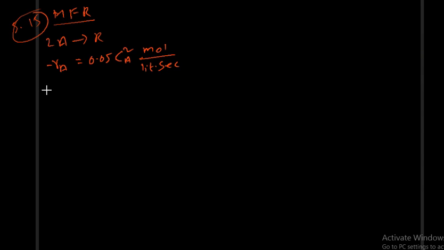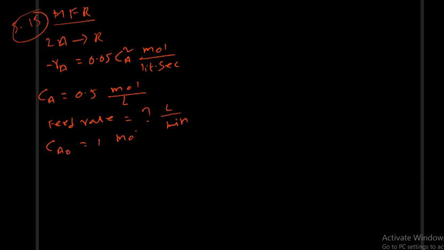Let us write down the given data. Ca is equal to 0.5 mole per liter. So we need to calculate the feed rate, liter per minute. Ca naught is equal to 1 mole per liter.